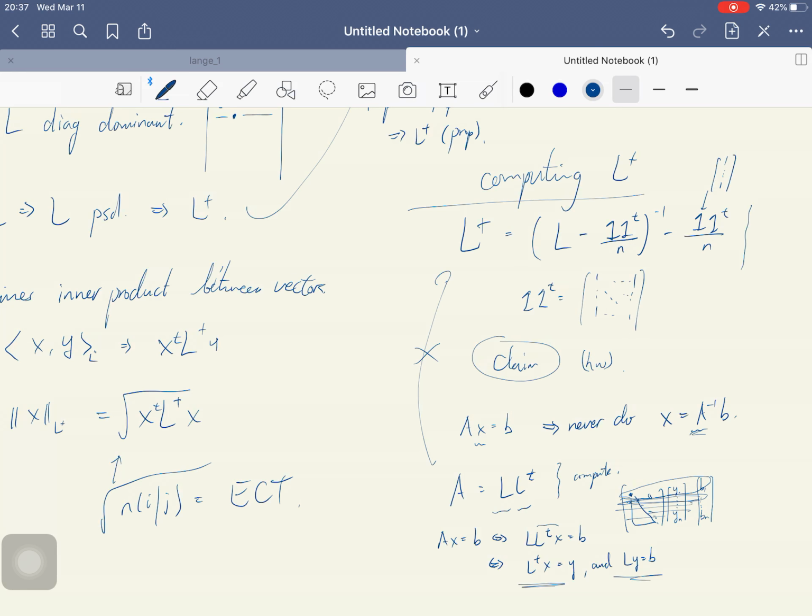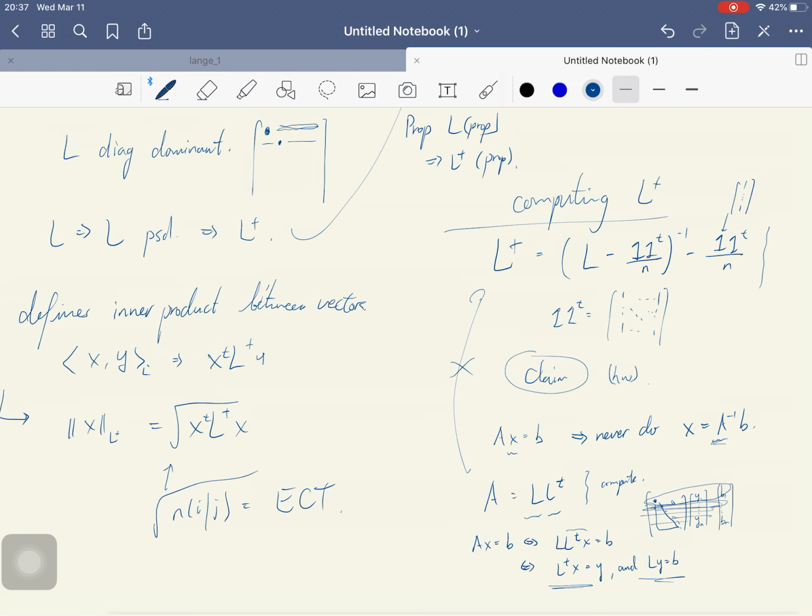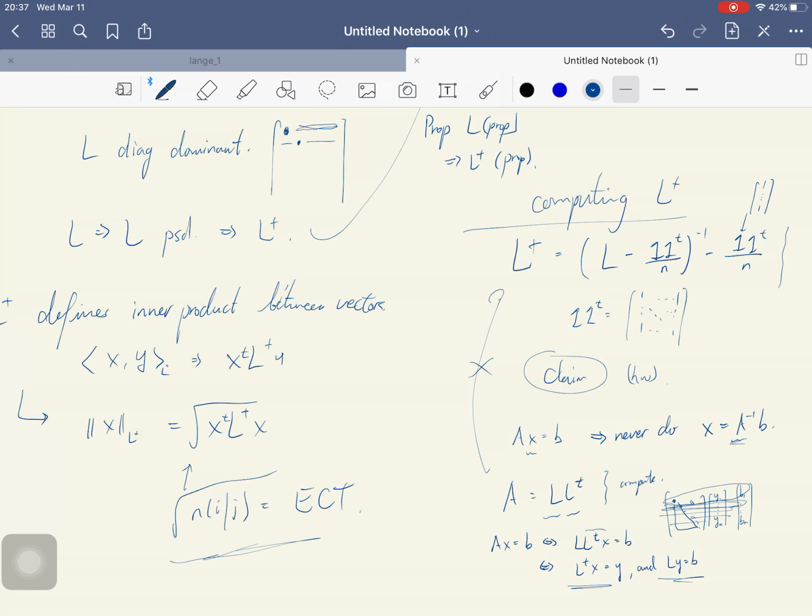Okay, so what have we done? This is the closed form solution for computing the Euclidean commute time distance. If you have a matrix that's super big and you can't really do this, one thing you can do is use simulations.